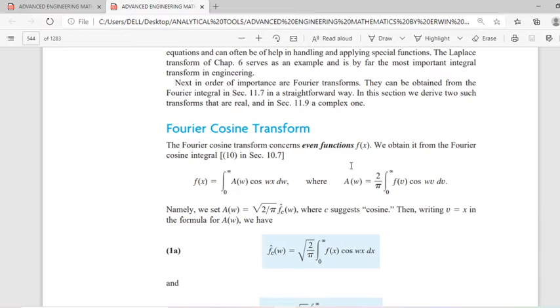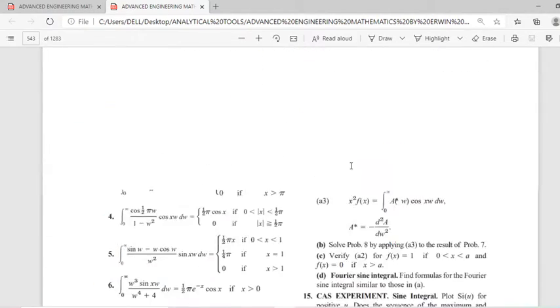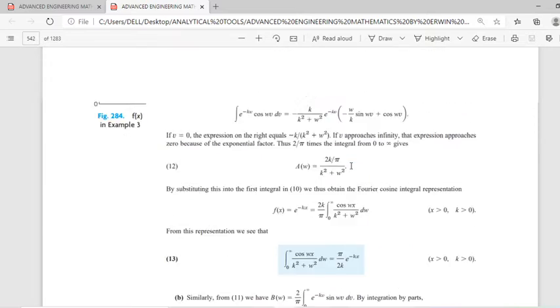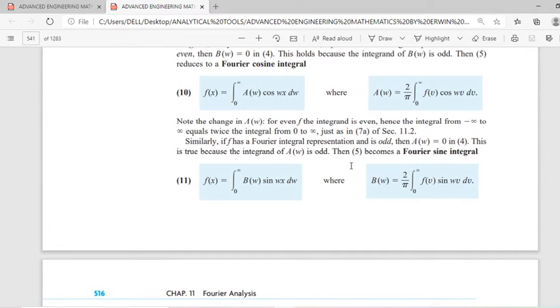In the previous section, the Fourier cosine integral, that is equation number 10 in section 10.7, is given. Yeah, this one: f of x equals integral of a of w cos wx dw, where a of w is equal to 2 by pi into integral 0 to infinity f of v cos wv dv.